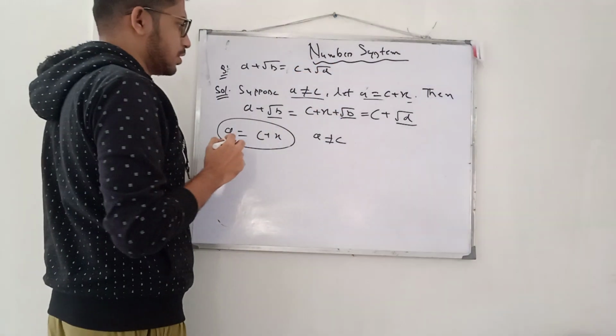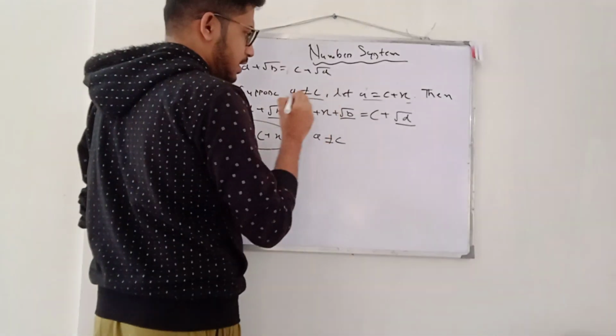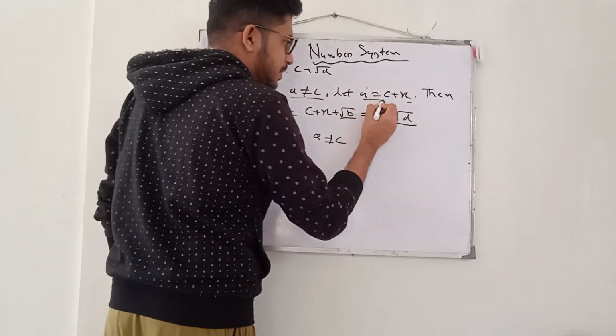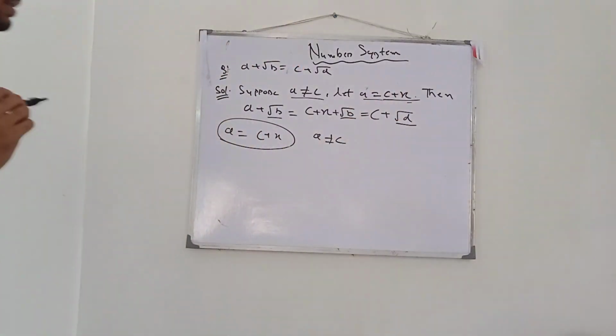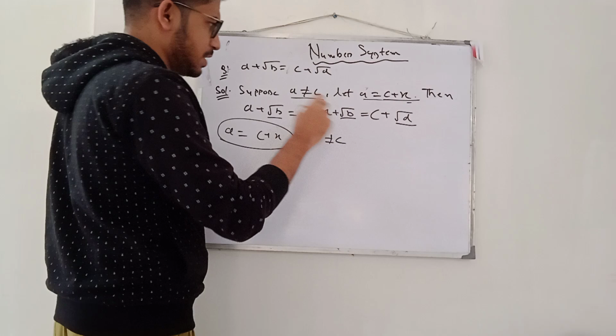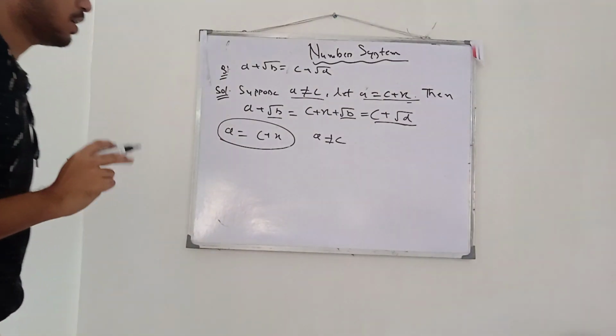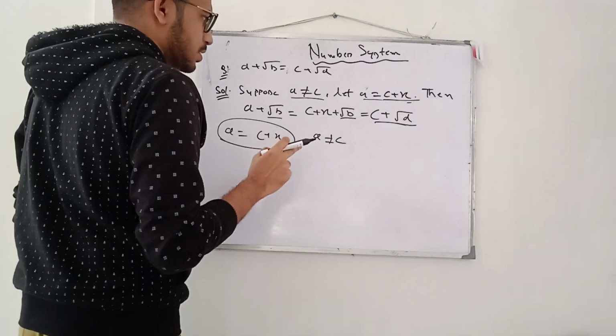So here they're saying that a is not equals to c. Then they're taking that a is equal to c plus x. Then a plus root b is equal to c plus x plus root b, which is equal to c plus root d.